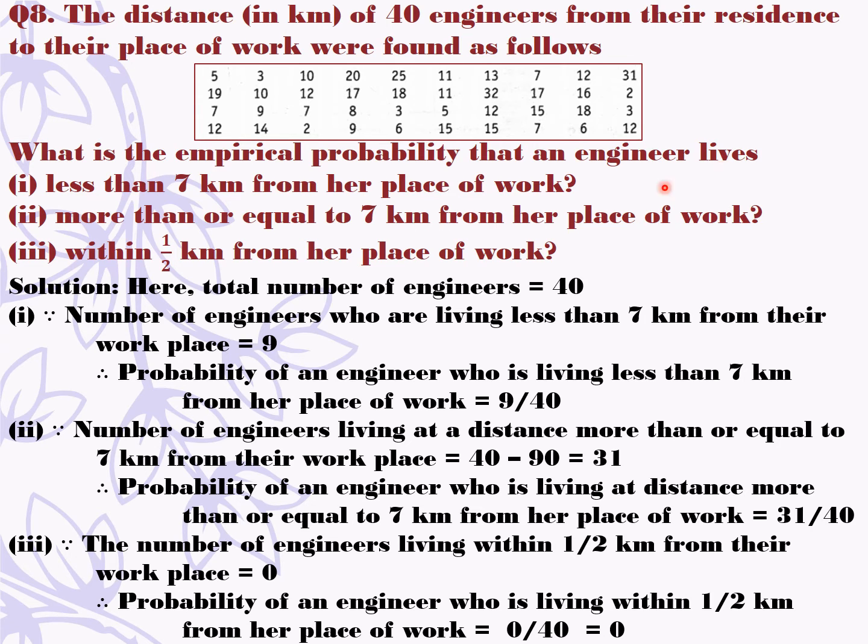So hence, within half kilometer from her workplace, there is no such engineer. Hence, the number of engineers living within half kilometer from their workplace is 0. Therefore, the probability is 0 by 40. Hence, the probability will be 0.